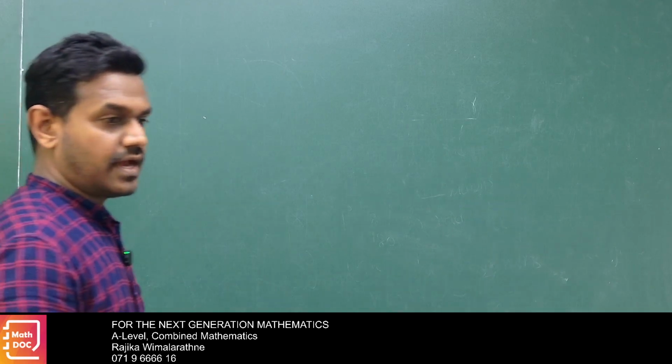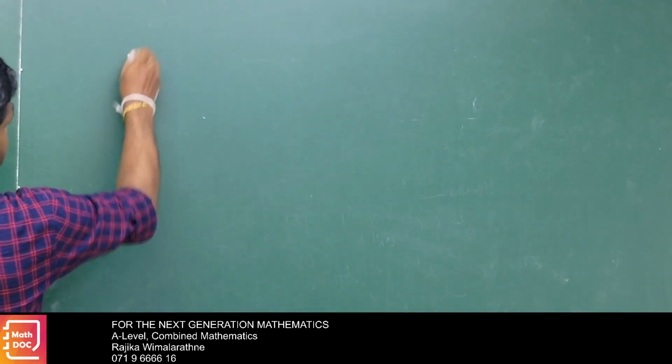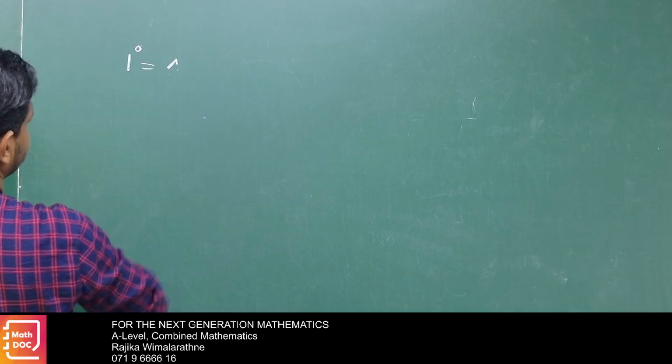I'll do 2, 3. Here 1 degree equals pi divided by 180, no?